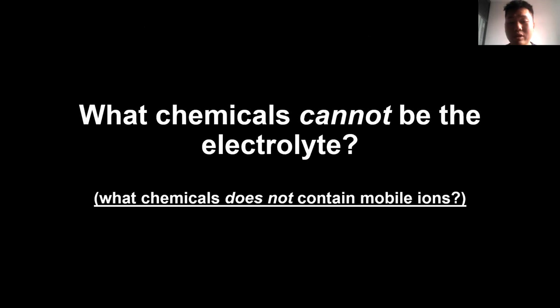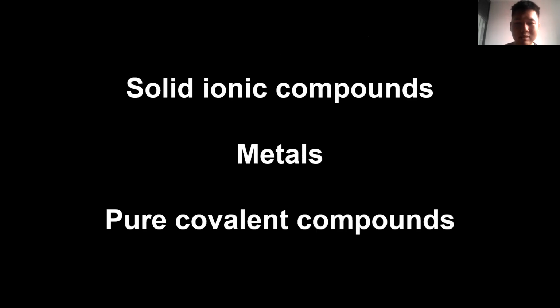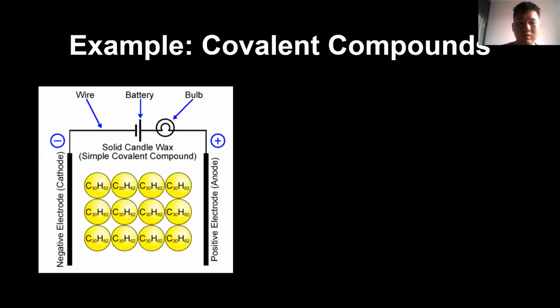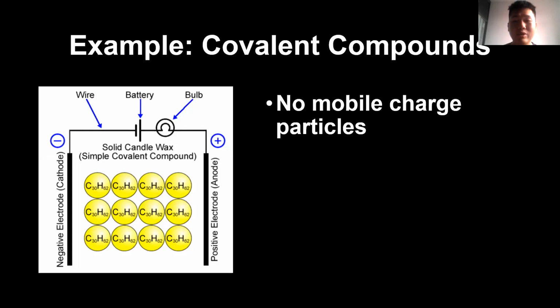If the chemicals don't contain mobile ions, we know for sure that they cannot be electrolytes. Some examples are solid ionic compounds, metals, and pure covalent compounds.